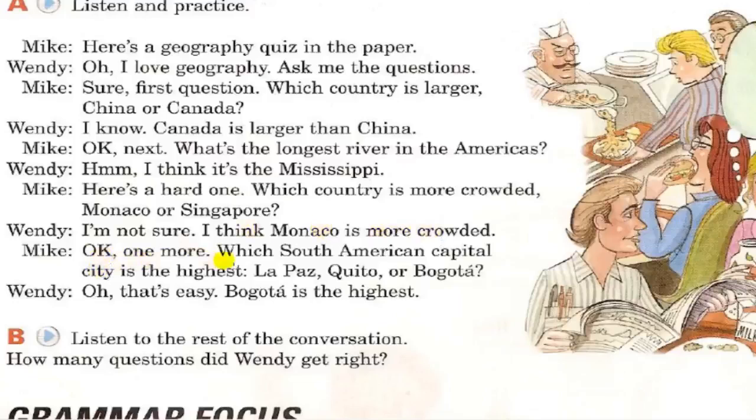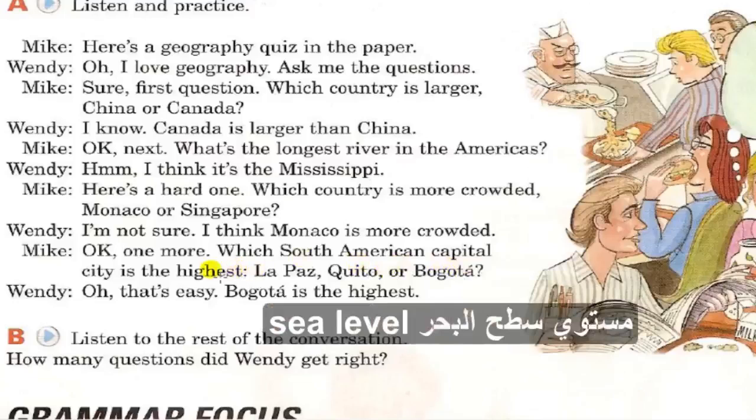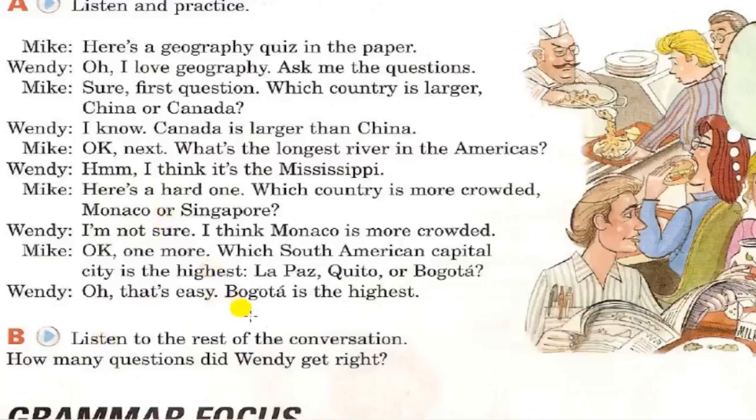Okay, one more. Which South American capital city is the highest? La Paz, Quito, or Bogota? The highest means higher from the sea level. Oh, that's easy. Bogota is the highest.